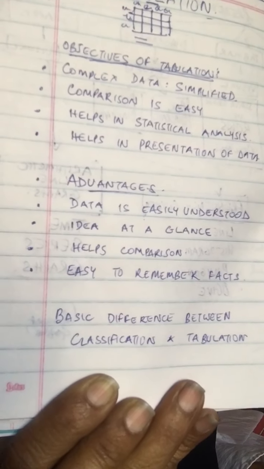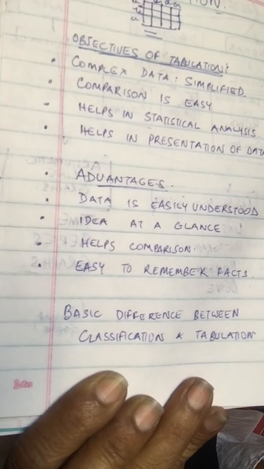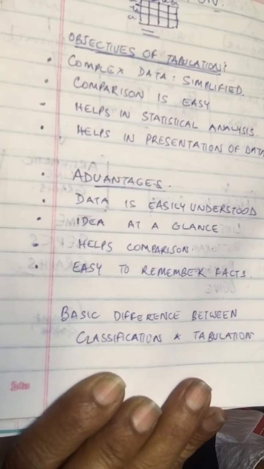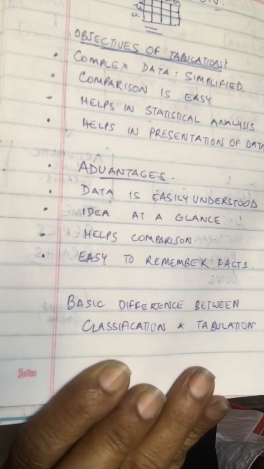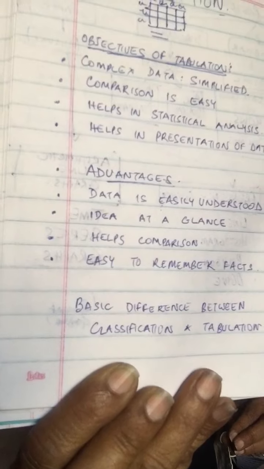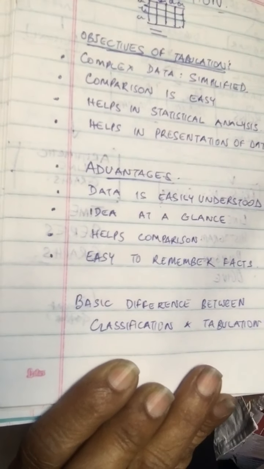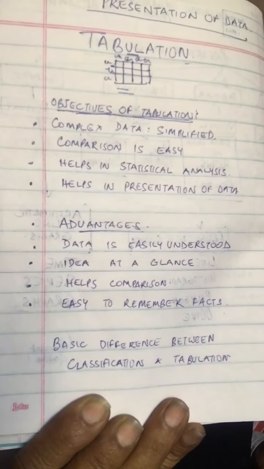And then it's very helpful in comparison. Since a table is divided into various parts, and for each part there are totals and subtotals, the relationship between different parts of data can be studied much more easily with the help of a table than without it. So that is also one advantage.